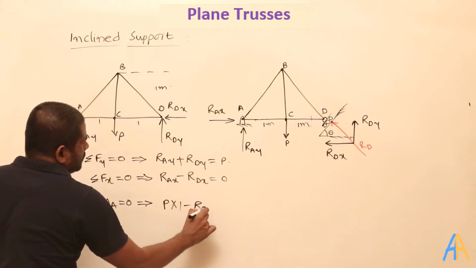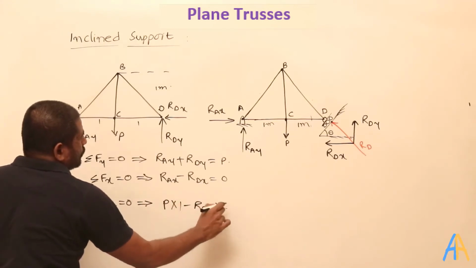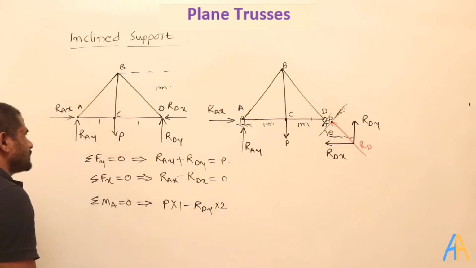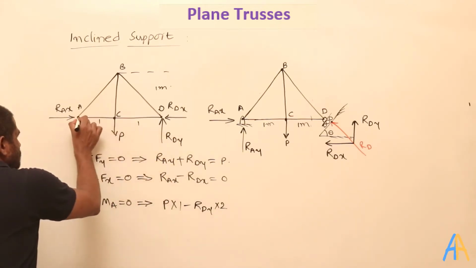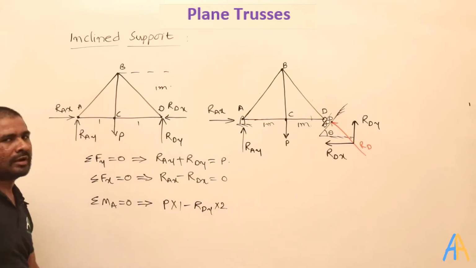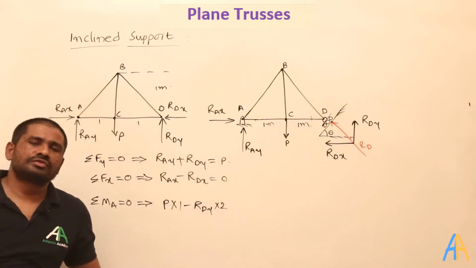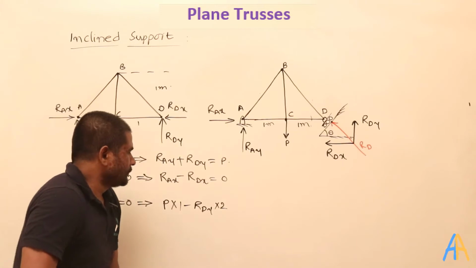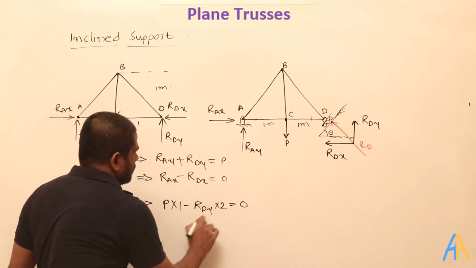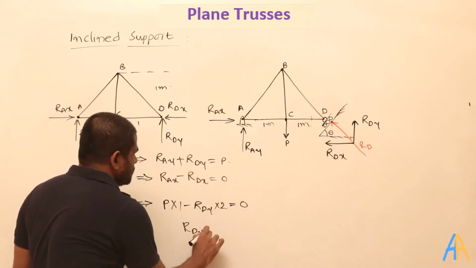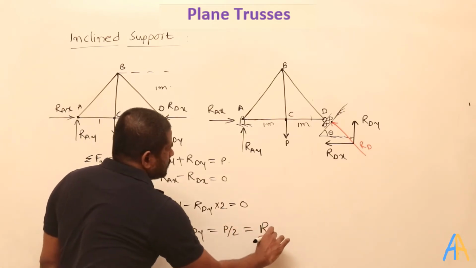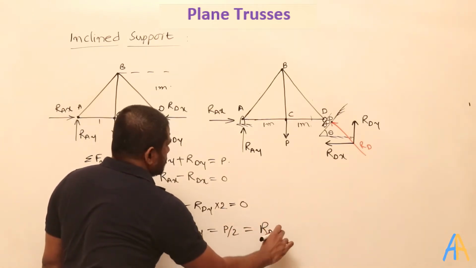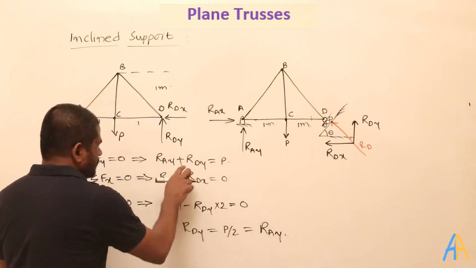So RDY into 2. And what are the other forces? If you take the RDX, that force is passing through this point A, so its moment effect is 0 here. So RDY equal to P by 2, that equals RAY, from this equation.